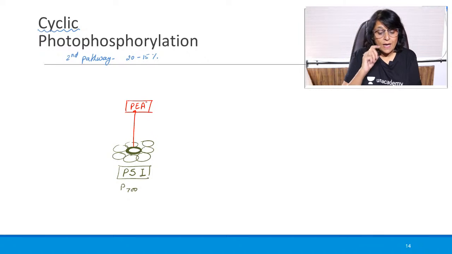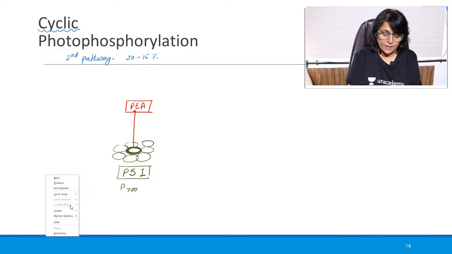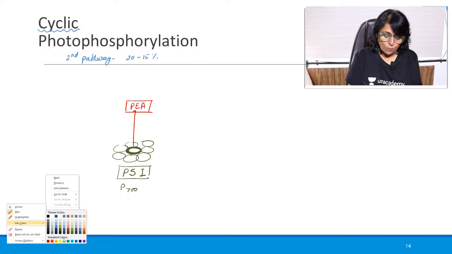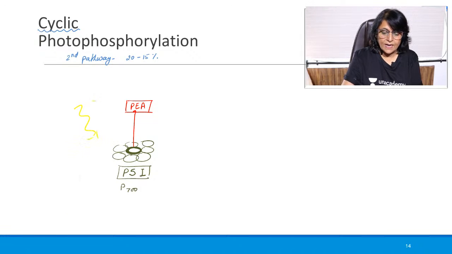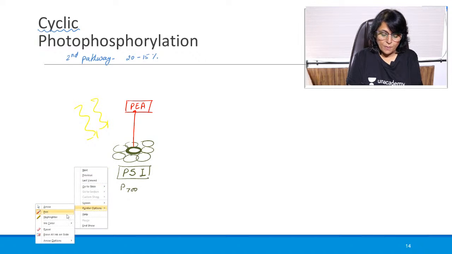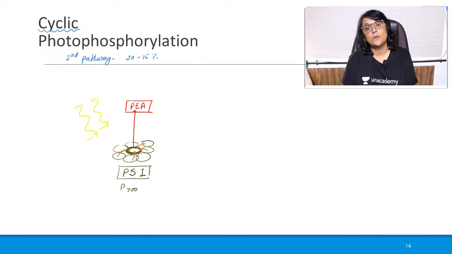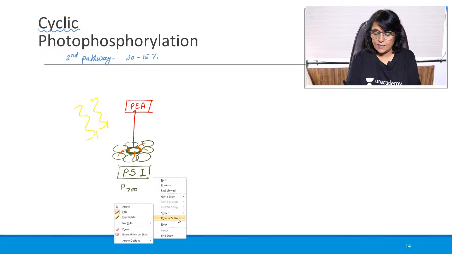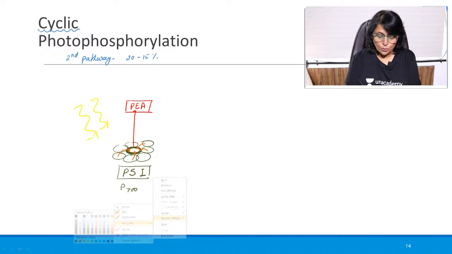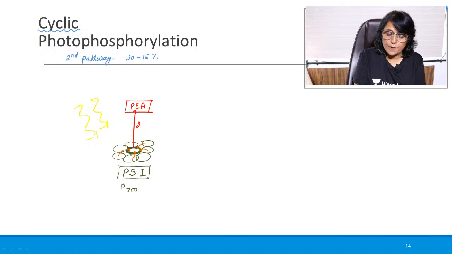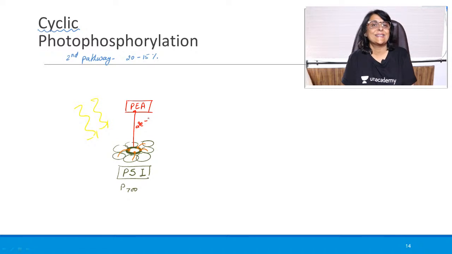Alright, so now when sunlight falls on this photosystem, what must be happening? Sunlight falls here and these pigments must be absorbing the photons. Depending upon its capacity, it absorbs the photons and passes them on to the reaction center chlorophyll. When sufficient energy is available to the reaction center chlorophyll, a pair of electrons would get excited.